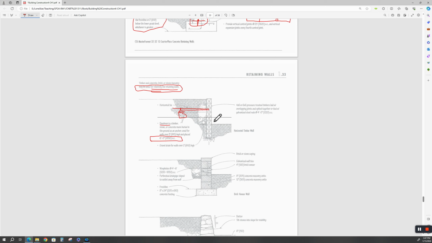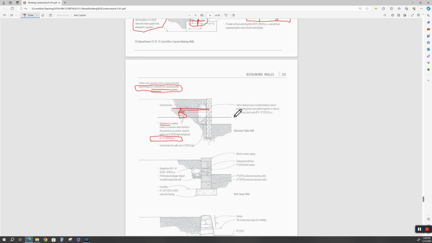Again, these are for relatively low walls, and don't expect them to last forever. And unless they are constructed properly by the contractor, they're going to be a maintenance headache. They will be. Now, if that's all you can do, then that's all you can do.